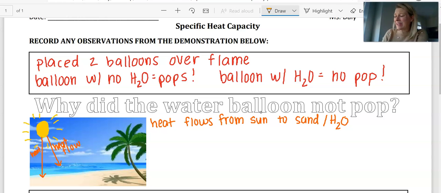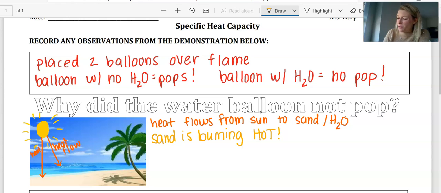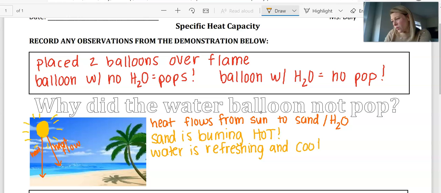So on a very hot day at the beach, the sand is burning hot. However, the water is refreshing and cool. Okay, but both of them receive their heat, or they receive their energy from the same source, the sun.